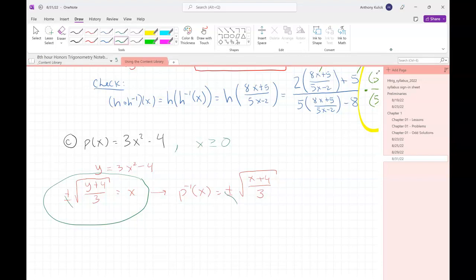Okay with that? So if you see something where you have that additional piece at the end, that additional piece on the end is a restriction to the domain to ensure that your inverse is a function. What you have to be careful about is when you get to the x separated by itself step, you use that restricted domain to decide whether you want the plus or the minus, right? If we had chosen to take everything less than or equal to 0, then we would have taken the minus sign there.